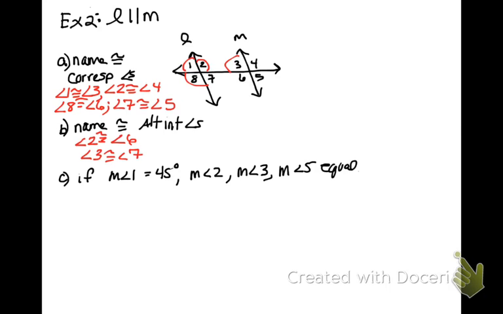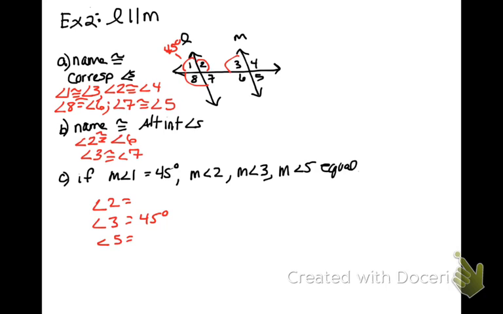Now, measure angle 1 equals 45 degrees. I need to find angle 2, angle 3, and angle 5. Angle 3 is congruent to which one? Angle 1, so it's going to equal 45 degrees. And what is the relationship between angle 3 and angle 5?